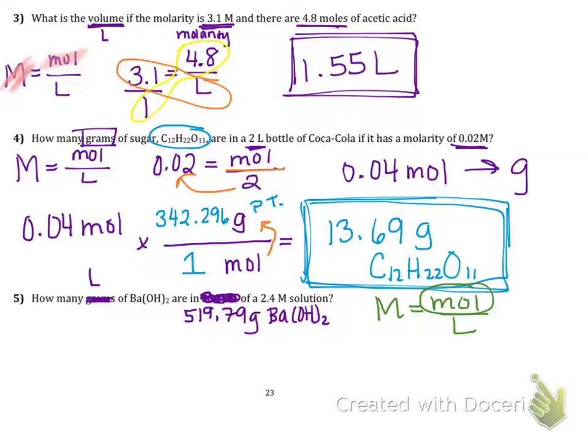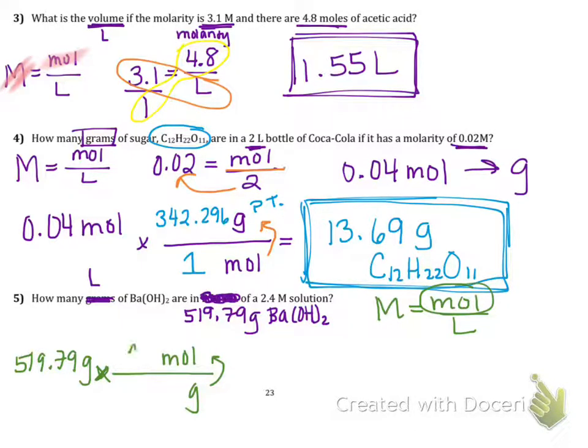So we're going to take our grams, 519.79, and we are going to convert it. Let me put our units here. We have grams, and we're going to convert it to moles. Okay, so we're going to put grams on the bottom. We're going to put moles on top, because you always go from bottom to top.